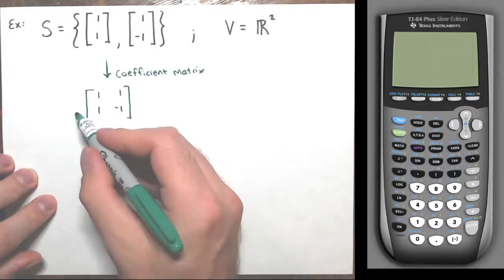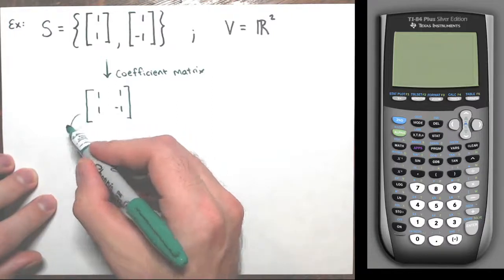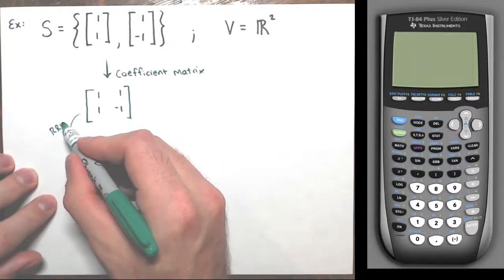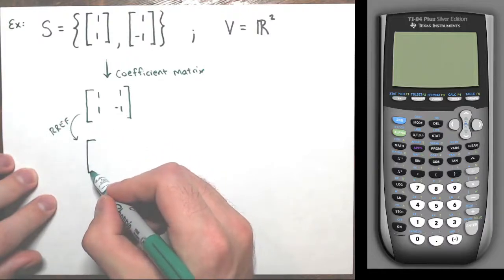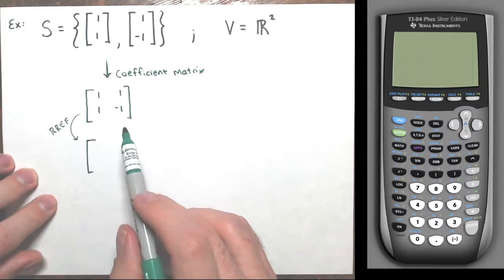So what I'm going to do is take this and put it in reduced row echelon form, RREF. That's pretty simple here because there's only two rows.